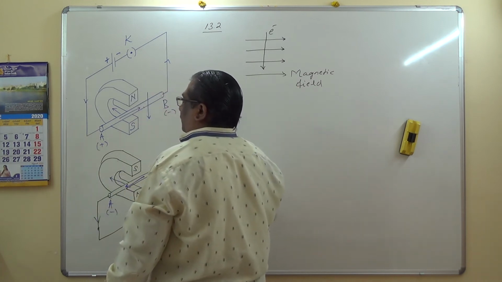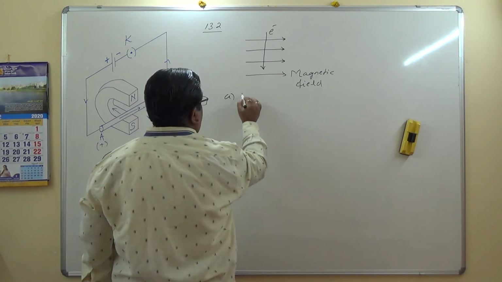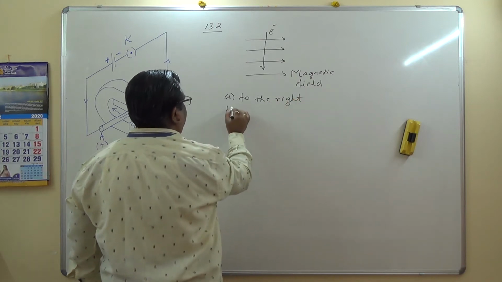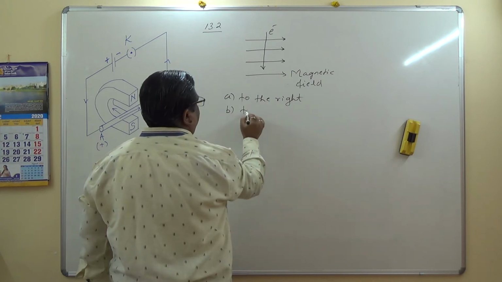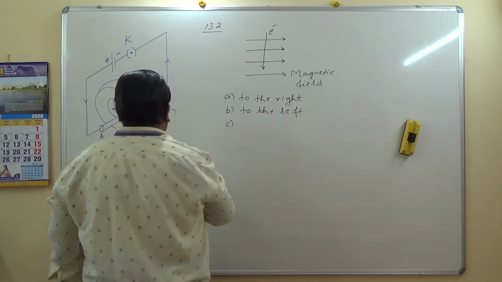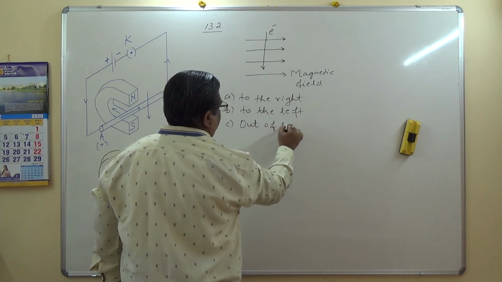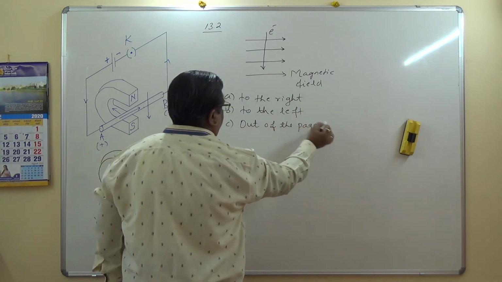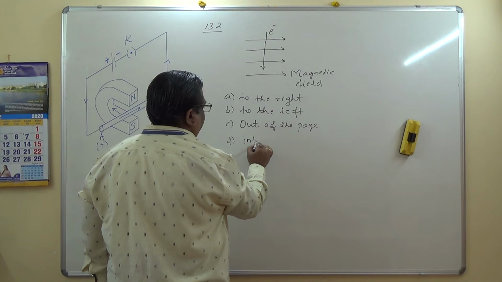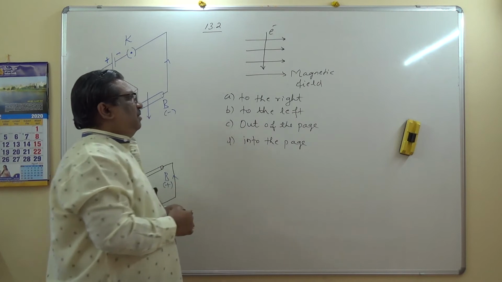The direction of the force acting on the electron will be A, to the right, B, to the left, C, out of the page, and D, into the page. Into the page. We have to select this one.